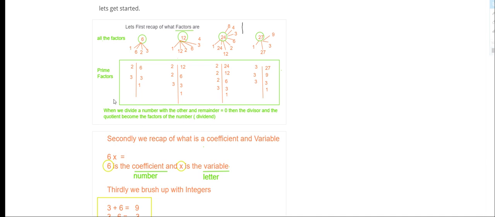For example, if I divide 6 by 2, I will get the remainder 0 and my quotient will be 3. So 2 into 3 is 6, so 2 as well as 3 are factors of the number 6. 6 into 1 is 6, so 1 and 6 are also factors of the number 6.